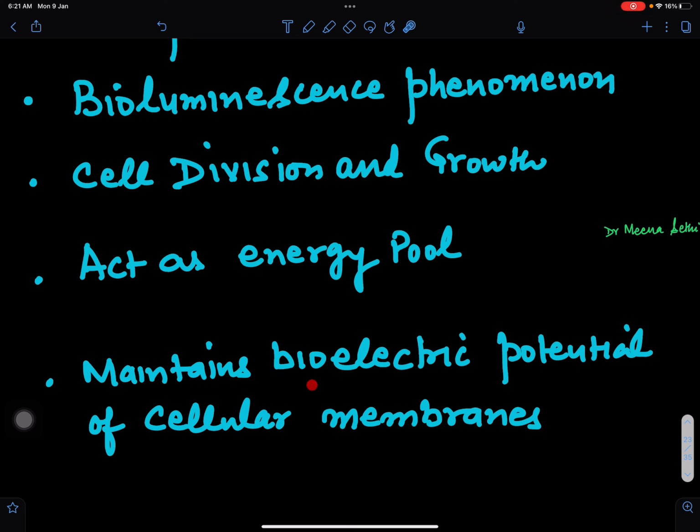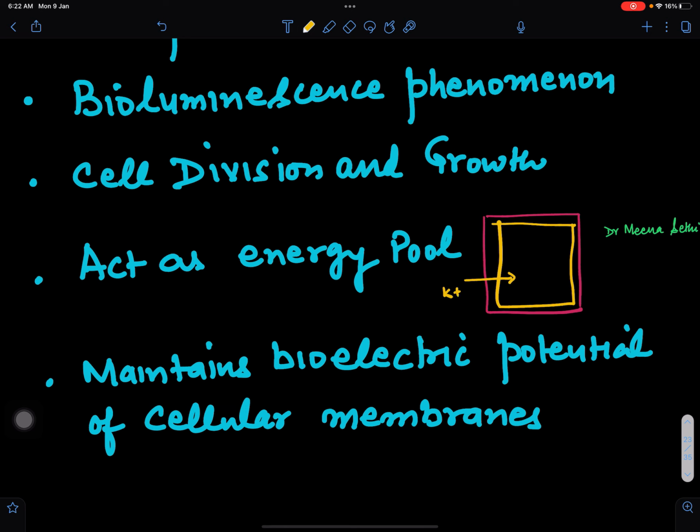Then this helps in maintaining the bioelectric potential of cellular membranes. Like if we see, this is a cell wall, and in the cell wall is present this plasma membrane. Now, along the membrane, when minerals pass, supposing we have here potassium, sodium, then chloride ions, and here bromide ion.